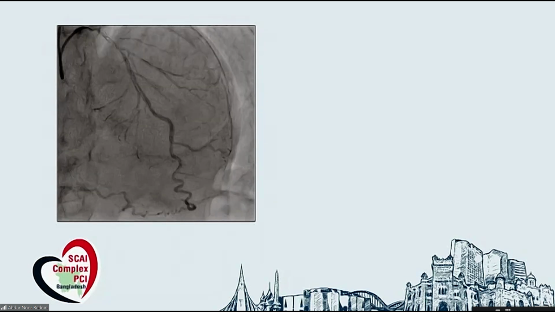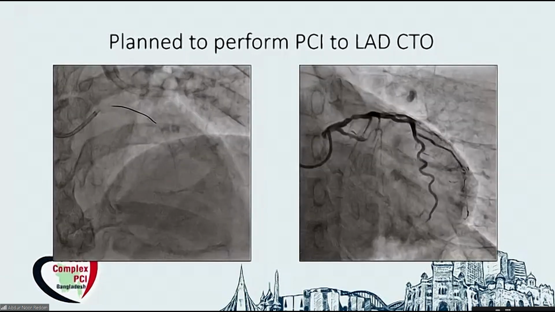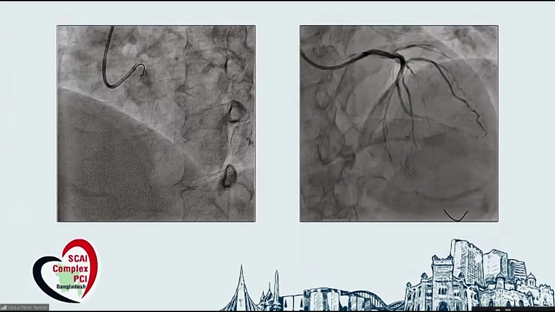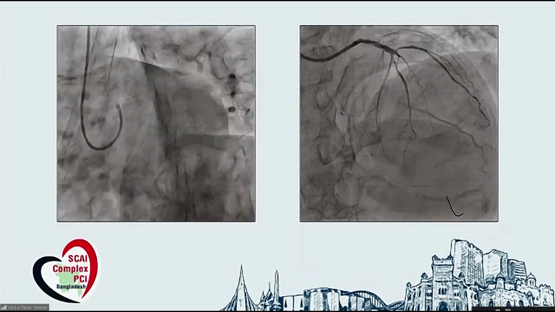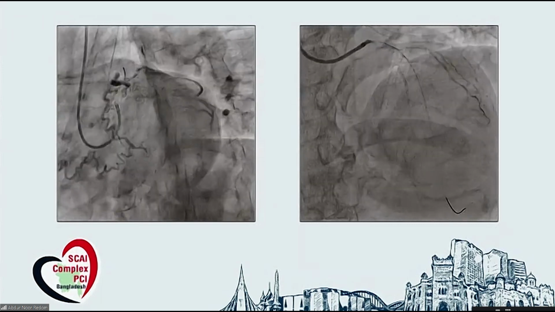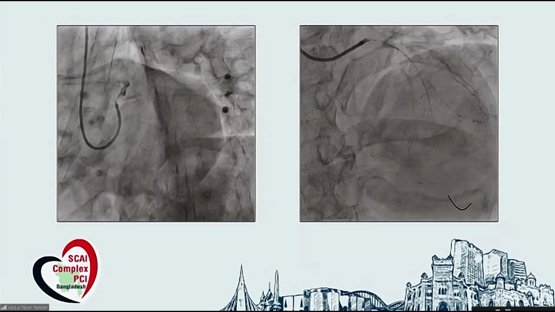Today we have taken a view and found that antegrade flow is there, and with the help of a microcatheter we crossed the lesion. After crossing the lesion we tried to cross the intravascular ultrasound catheter, but the IVUS catheter did not cross.